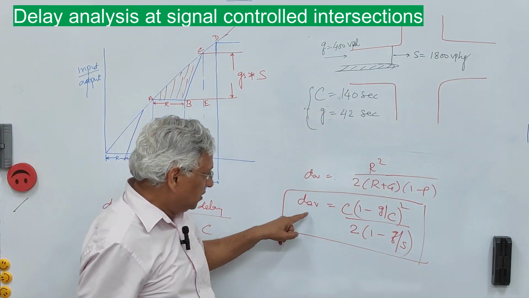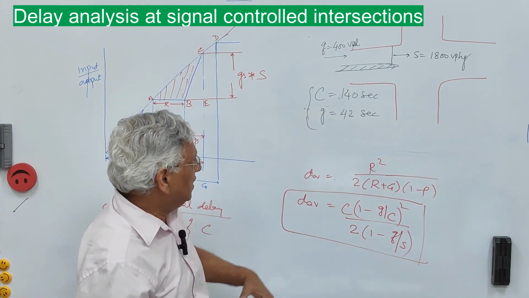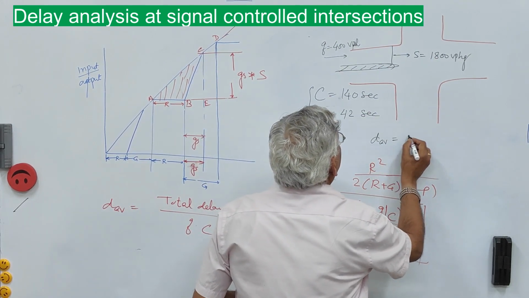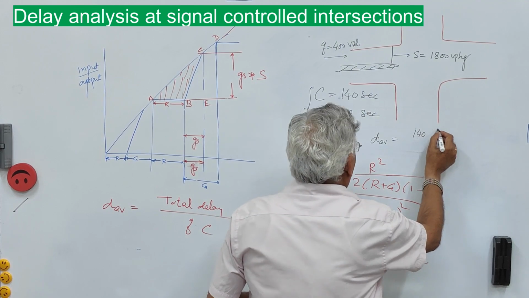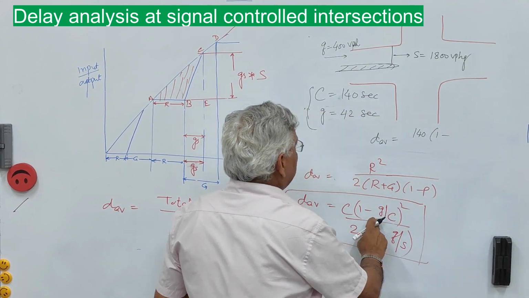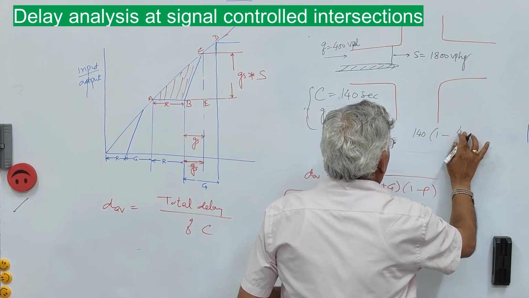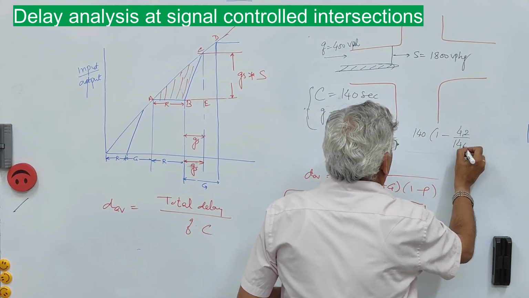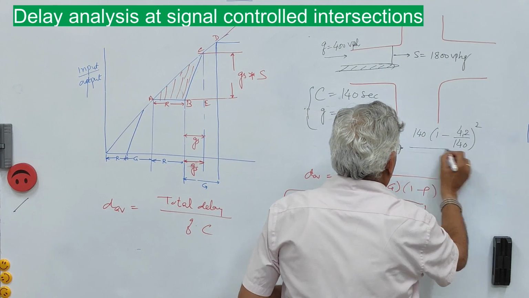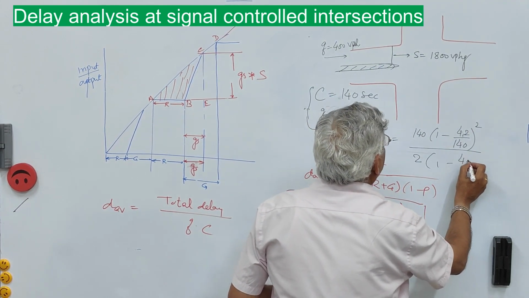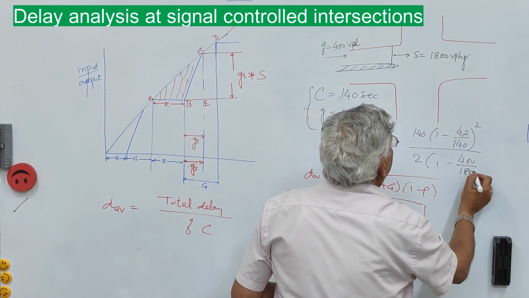Now, here you can put all these values. C is 140. So D average is 140 multiplied by (1 minus G by C, that is 42 upon 140) square upon 2 into (1 minus Q, which is 400 upon 1800).